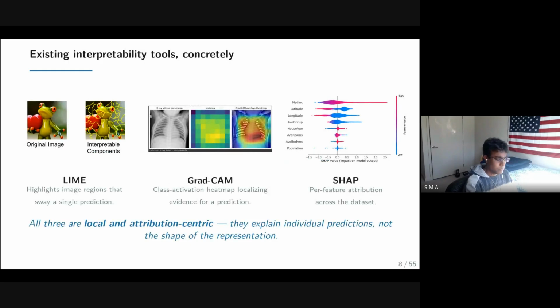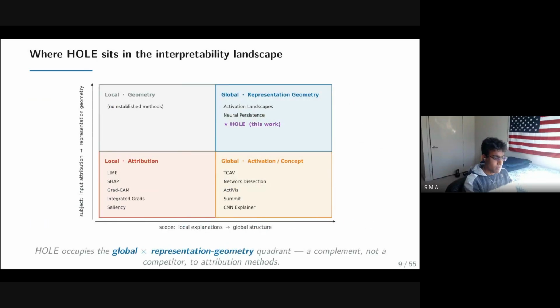Here you can look at some of the existing tools, and they're all local, like I mentioned earlier. They only explain individual predictions, but not the manifold itself. It's like you're trying to interpret a single data point and not the manifold that the neural network has learned, which is detrimental to us on the explainability side of things. Here's a lit review of all the different ways people have tried to interpret models.